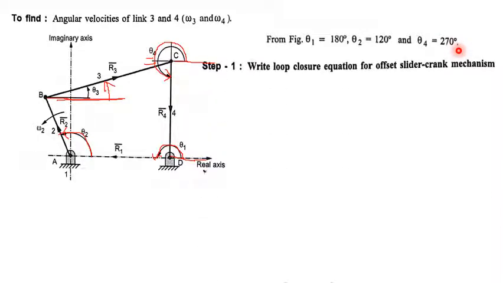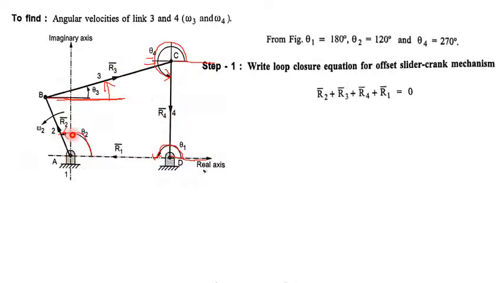The first step is to write the loop closure equation. For this figure, we start from the crank R2, then connecting rod R3, rocker R4 and fixed link R1.